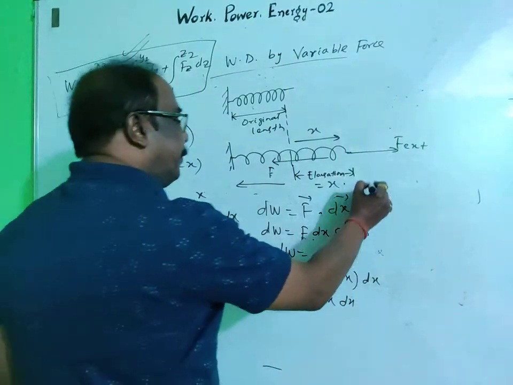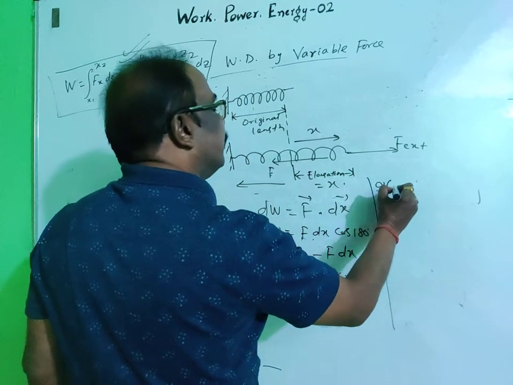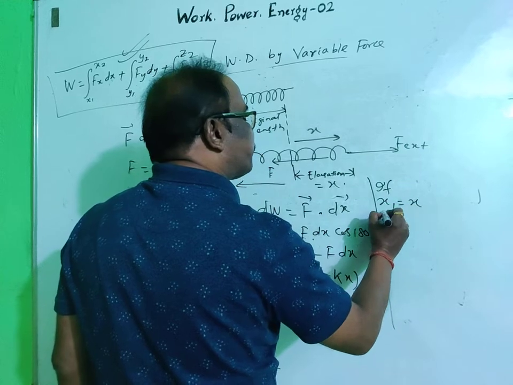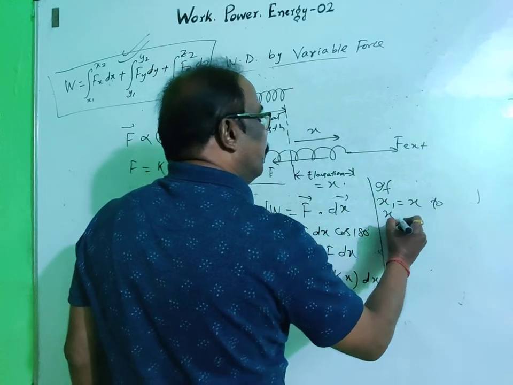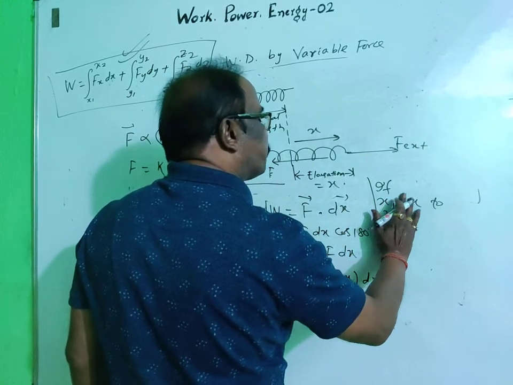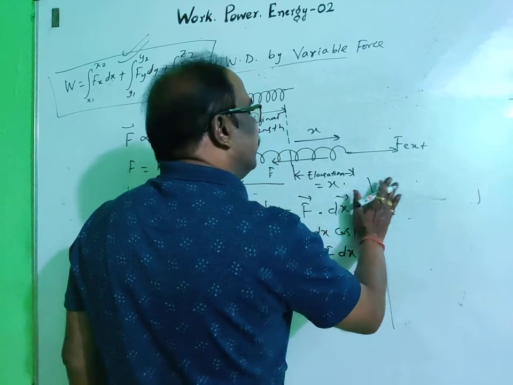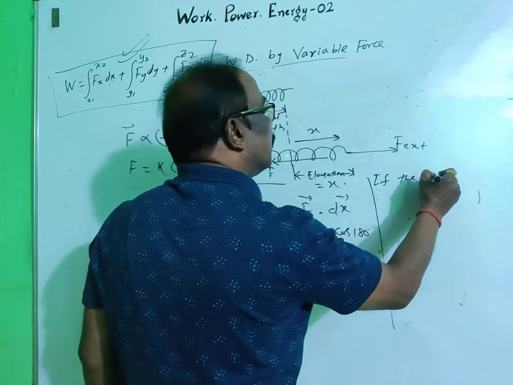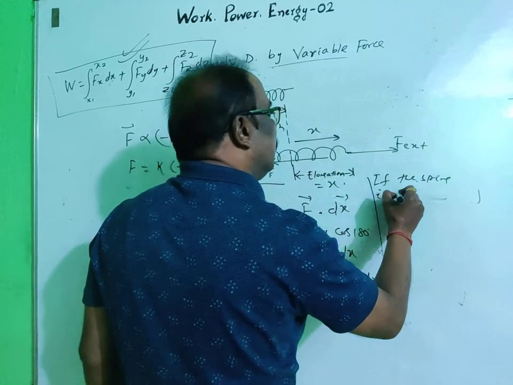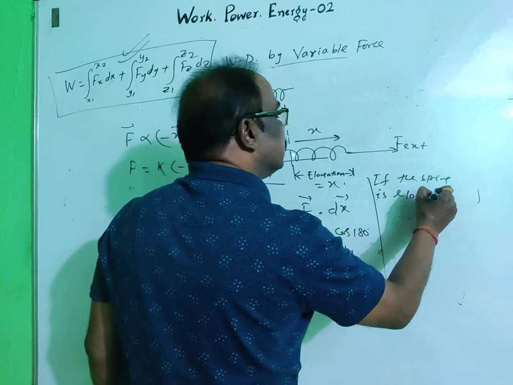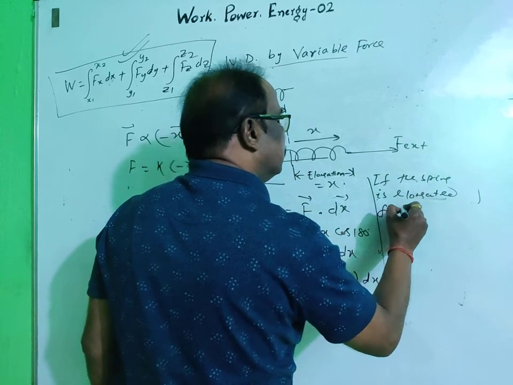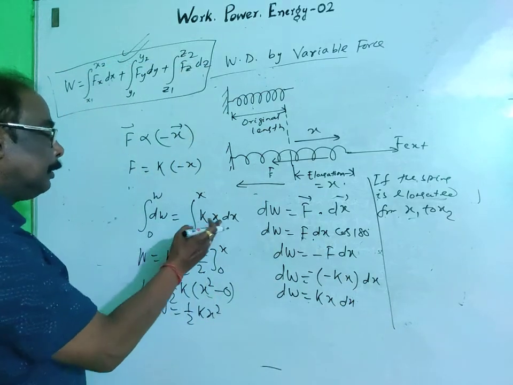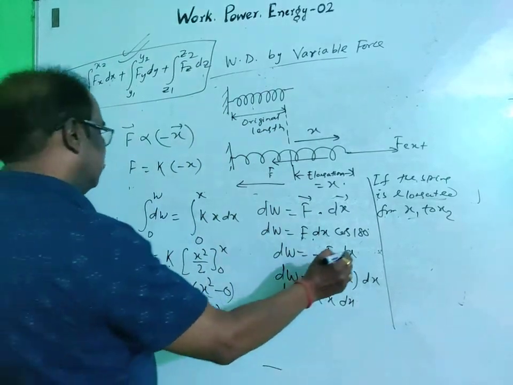But if the spring is elongated from x1 to x2, then what will happen? You only have to change the limit.